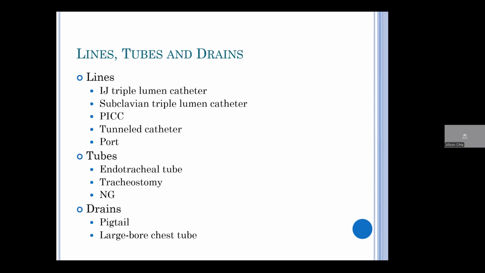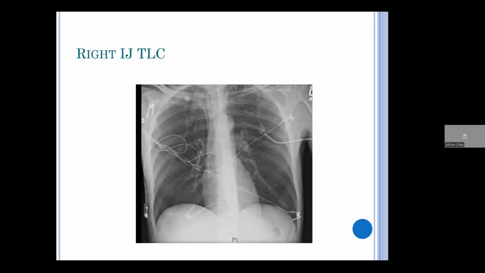The next thing we look at when we look at radiology studies are lines, tubes and drains, any type of IV catheter that can be seen that would be in the chest, any type of tube such as an endotracheal tube or an NG tube, and drains such as large bore chest tubes or pigtail catheters. So this patient here has a lot of external things happening. These here are the EKG leads.